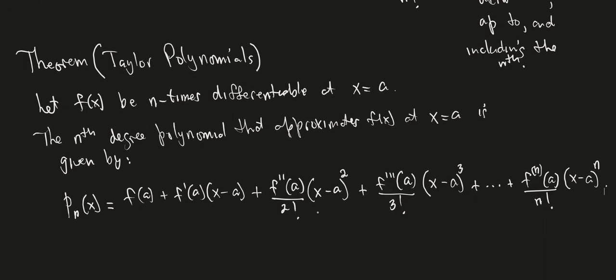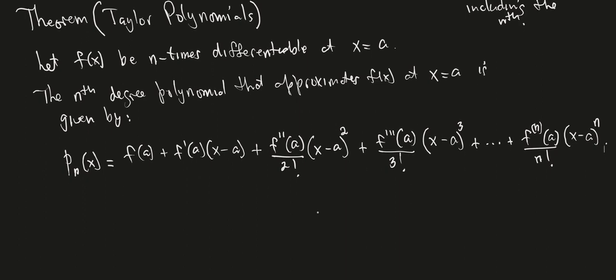All right. So instead of just coming up with this result, let's do a quick example, and I'll choose a function that is fairly easy to differentiate, and let's find the third degree polynomial so that we can get a good sense of the process.